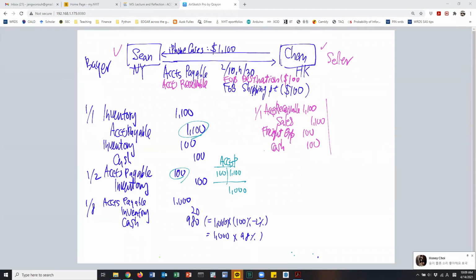We should journalize the manufacturing cost. Meaning, manufacturing cost should be debited or credited. Cost or expense, they should be, yes, debited. And this kind of manufacturing cost is called cost of goods sold.